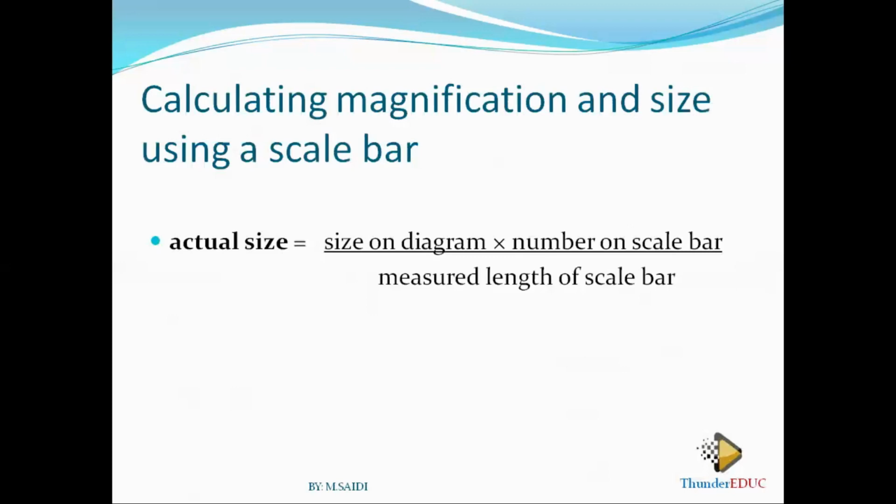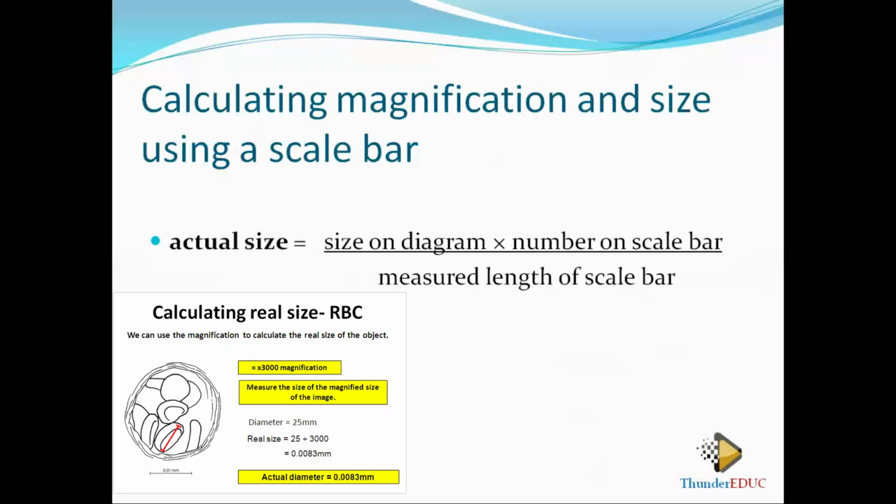Calculating magnification and the size using the scale bar. This is the scale bar which I talked about: sometimes you don't know the actual size, but you have the scale bar on the diagram. We're going to see these in detail. We are going to have a specific class for that.